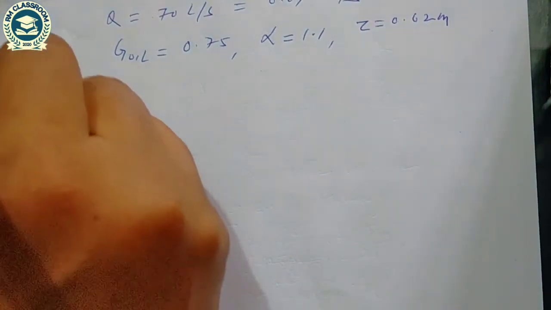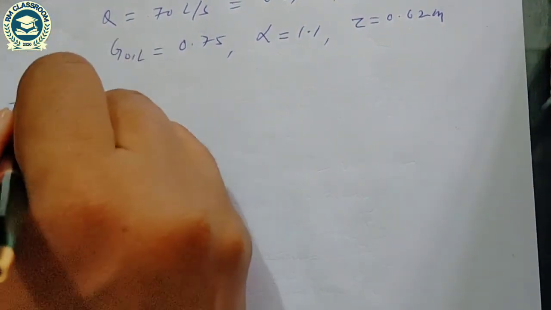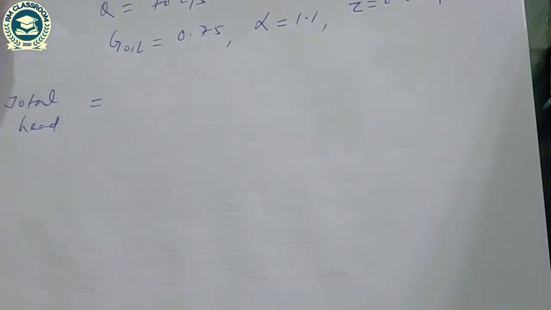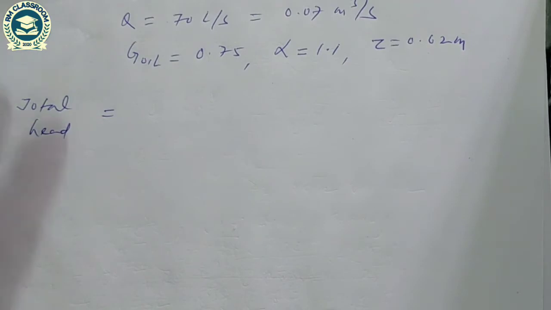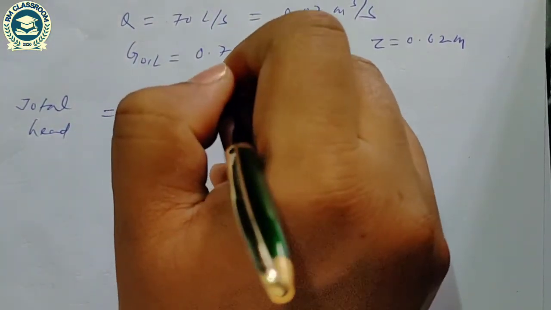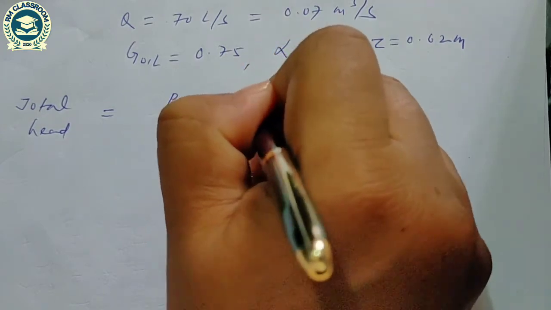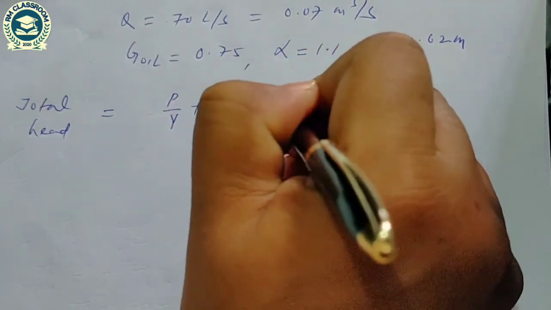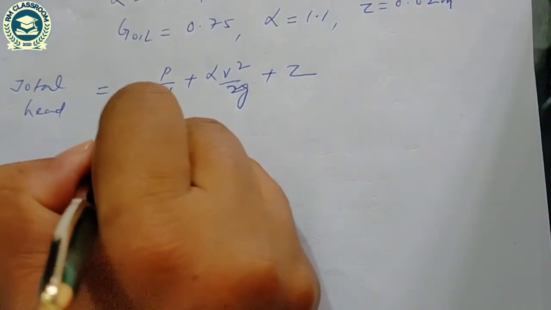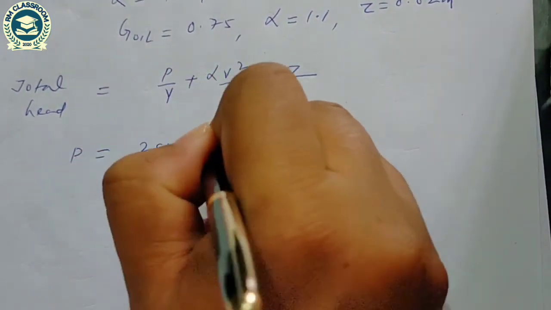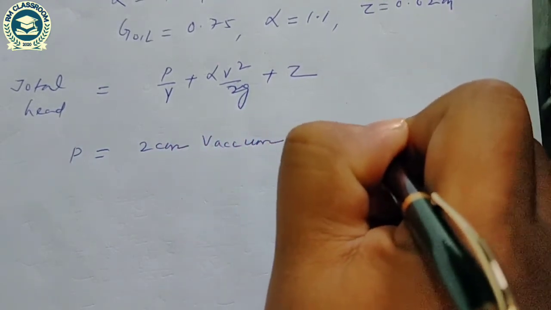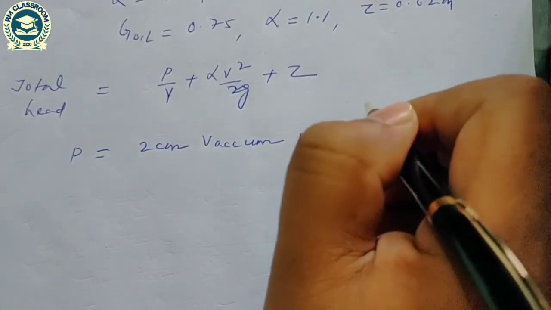So total head is the sum of piezometric head plus datum head. So P by gamma plus alpha V square by 2g plus Z is the total head, where P is equal to 2 centimeter vacuum in terms of Hg.